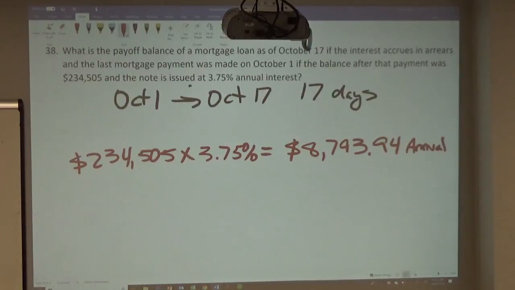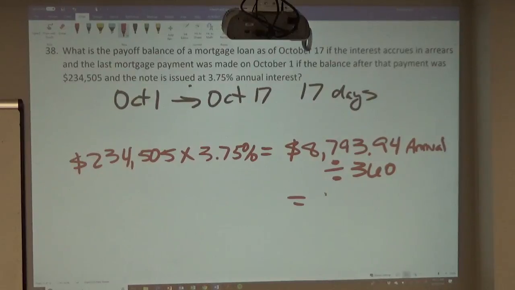We want 17 days worth, so we need to break this down into daily. So divide it by 360.